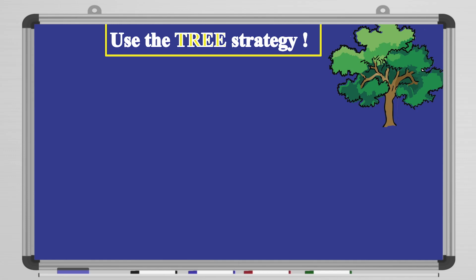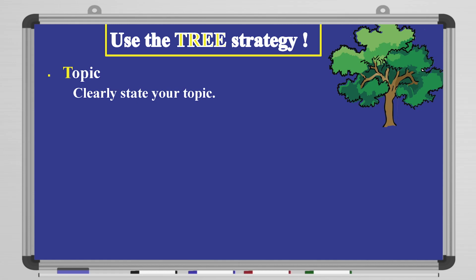Now, if you ask me, how do I put this on paper? I will tell you, use the tree strategy. It's very simple. The tree strategy is basically thinking about the letters of the word tree. T is for topic. You have to state your topic clearly so it's obvious for everyone who reads your essay what you're writing about.